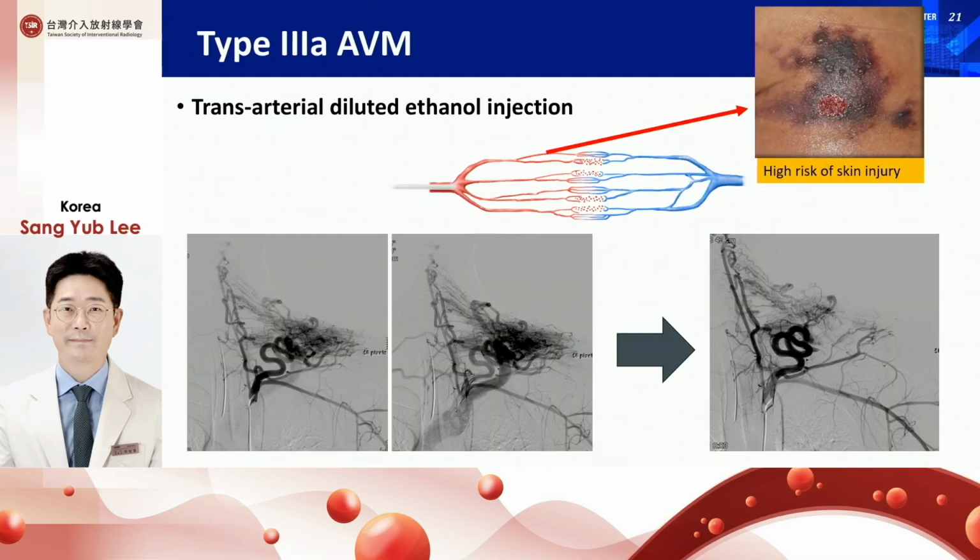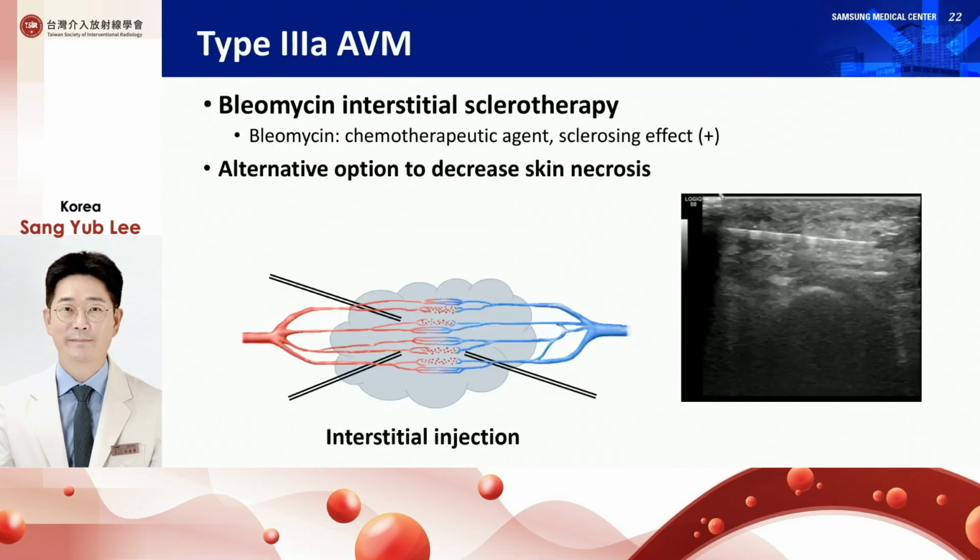This is a type 3A, with numerous fistulae. There is no room for direct access. In this case, we use the transarterial ethanol, but it is very easy to cause a skin complication.